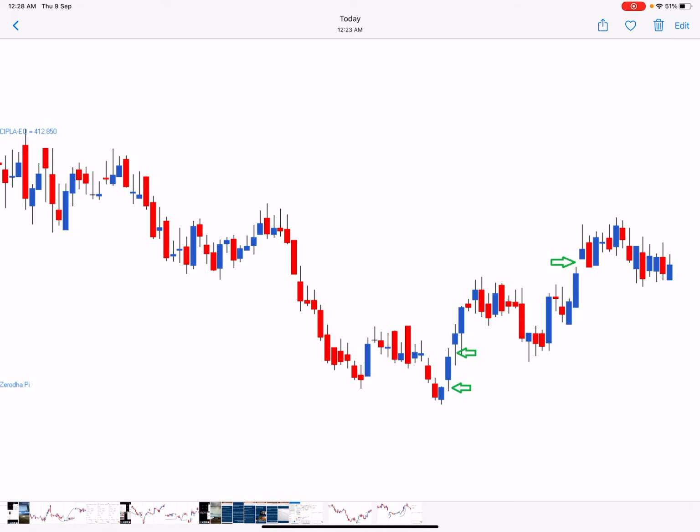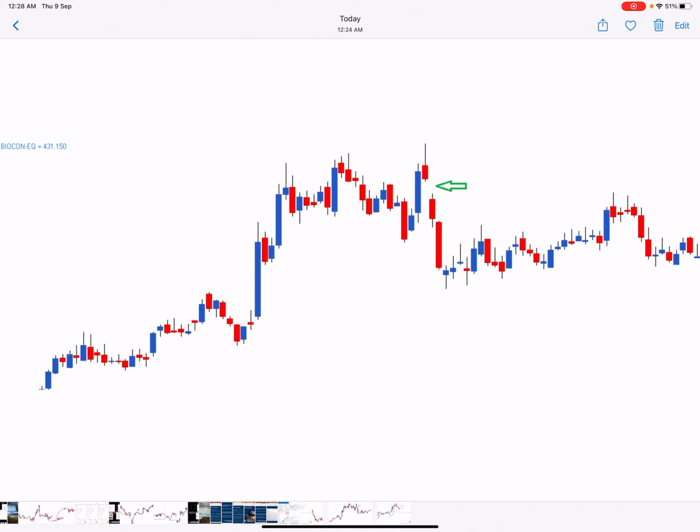Now talking about the gap down opening: similar to gap up opening, a gap down opening shows the bears' enthusiasm. Bears are so eager to sell that they are willing to sell at a price lower than the previous day's close. In this example, if the quarterly results were bad, the sellers would want to get rid of the stocks.